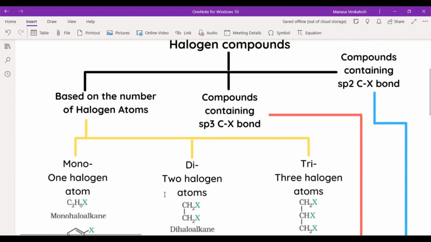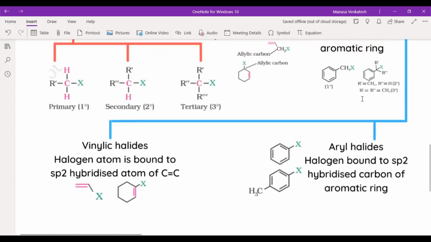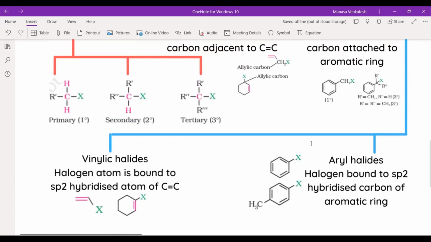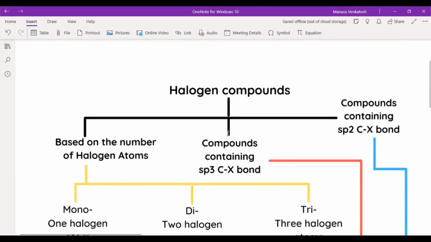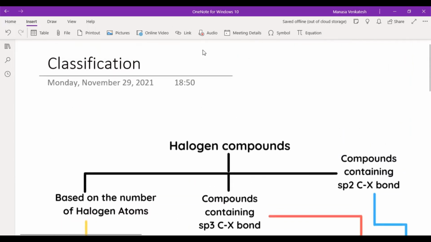Compounds containing an sp2 C-X bond are further classified as vinylic and aryl. With vinylic, the halogen atom is attached to an sp2 hybridized carbon atom, and in case of aryl, the halogen atom is bound to an sp2 hybridized carbon of the aromatic ring. With that, we're done with the classification of haloalkanes and haloarenes.